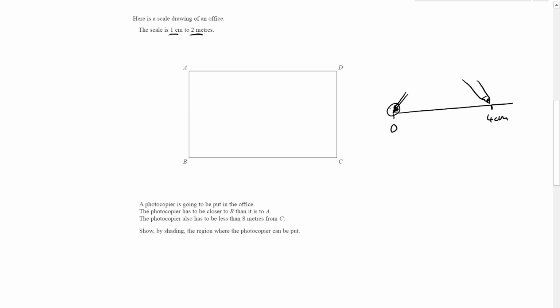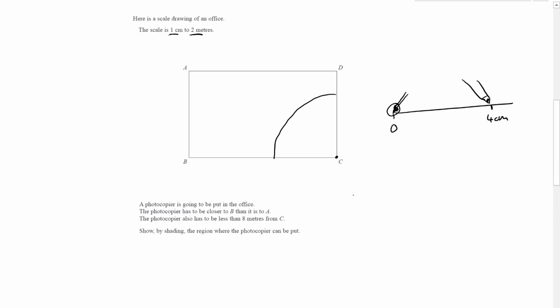Place the pin of your compass on your point C, and then draw a 4 centimeter circle, or this is going to be just a quadrant here because it doesn't have to go outside of this office.